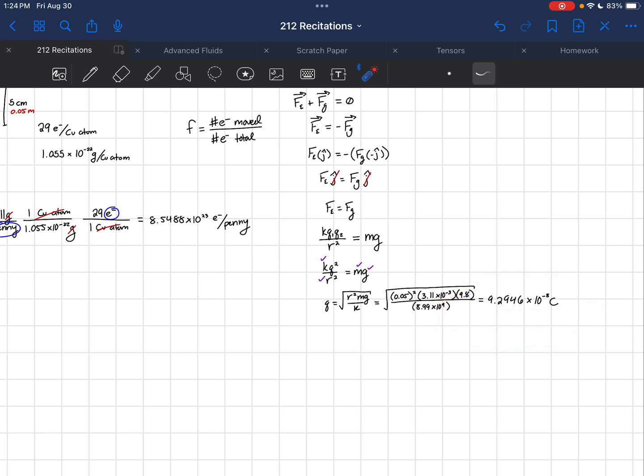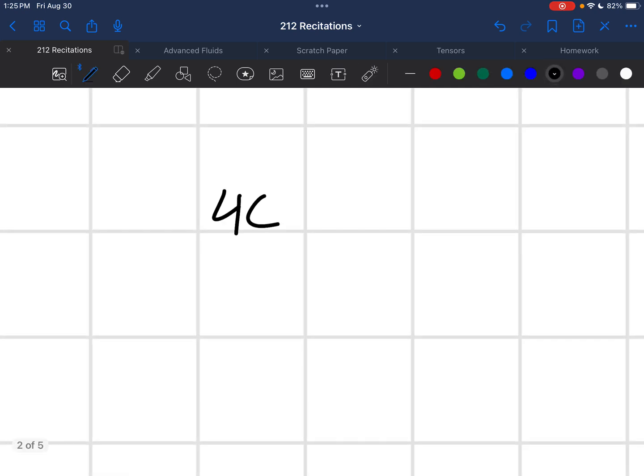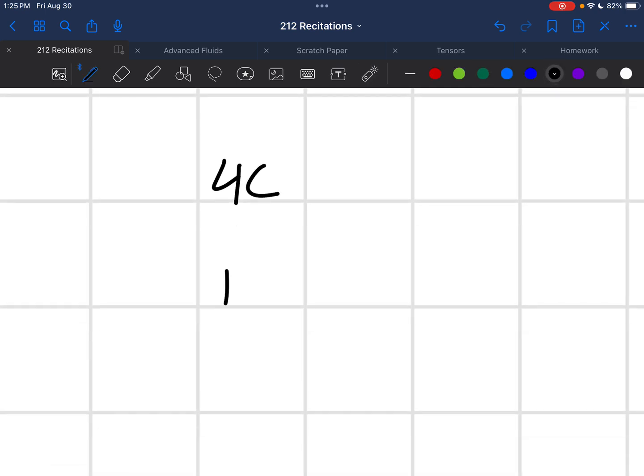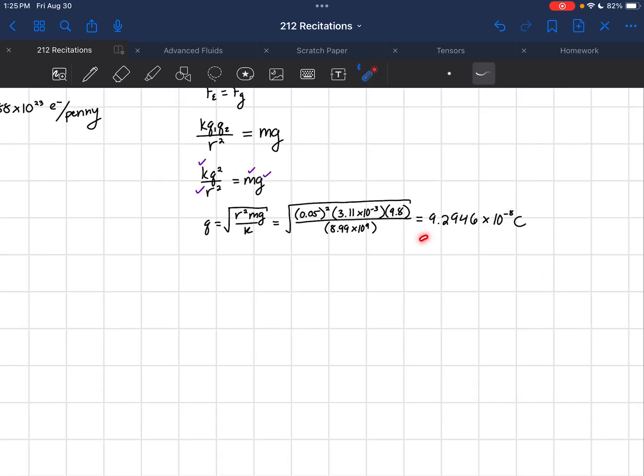And now I need to figure out how to use that to figure out the number of electrons I have to move. Well, let's say I had to move a charge of 4 coulombs, and I knew that every 1 electron was 1 coulomb, just for example. In order to move 4 coulombs, I would have to move 4 electrons. So that's all we're going to need to think about: the total charge that I need to move.